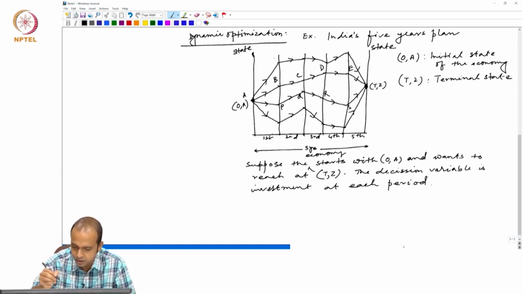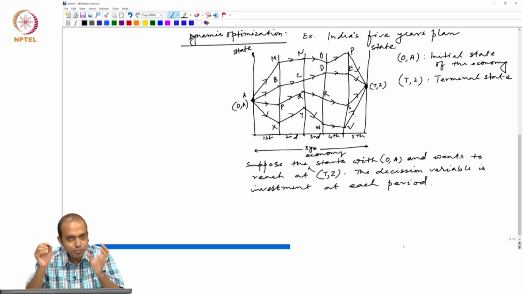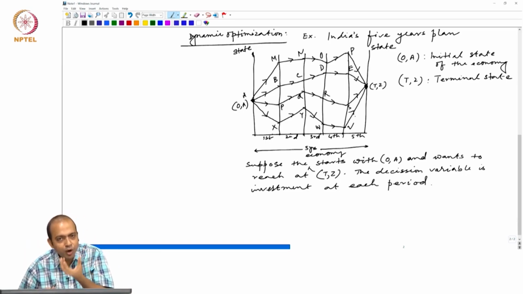Let us say this is M, N, O, P and T. This is X, Y, and then W, V and T. So, depending on how much you invest in each and every period, you will get any one of these paths.